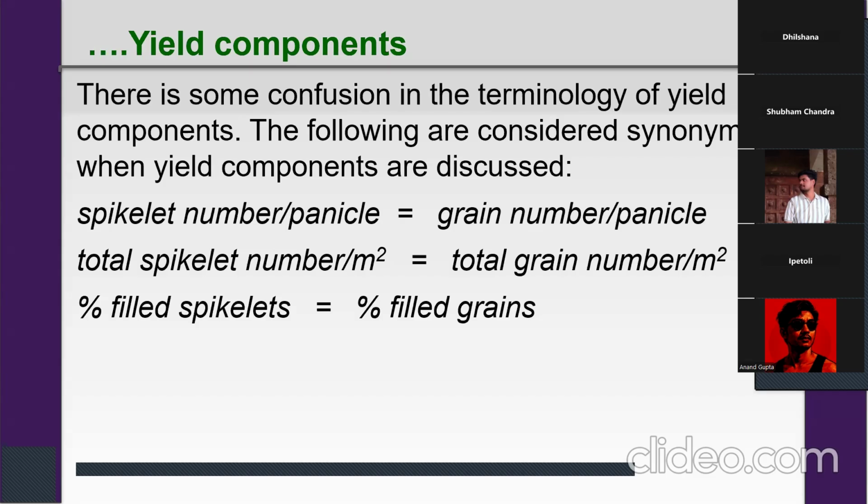Total spikelet number per meter square will be total grain number per meter square, whether it is filled or unfilled. You can say percentage filled spikelets, and you can also say percentage filled grains. They have the same meaning. So whatever is written as equal, you can use them alternatively.